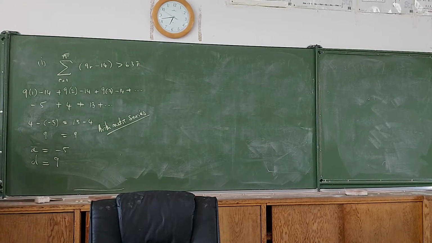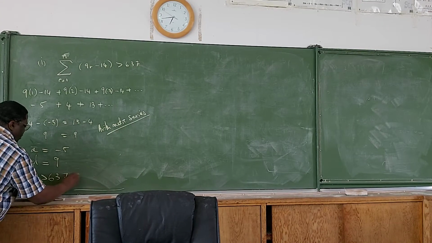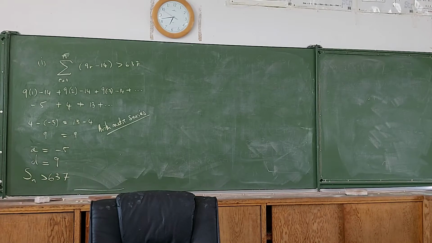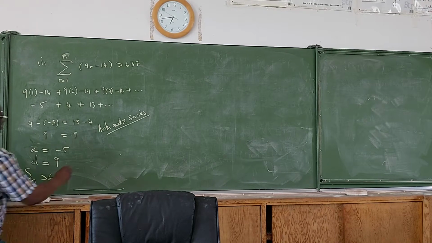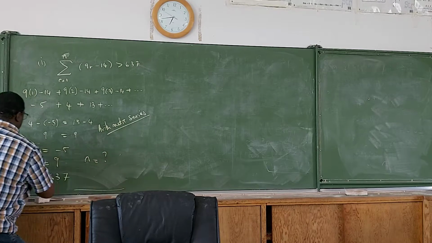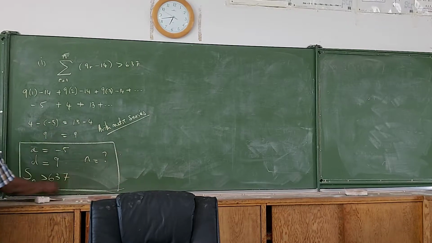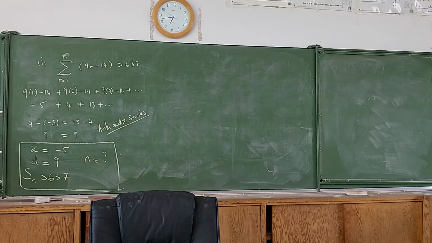So, we know that the sum should be greater than 637. We're looking for N. N is a number of terms which can never be a negative number. It also can't be a decimal. So if we get a decimal, because we've got an inequality, we're going to look at a number that is greater than whatever that is.